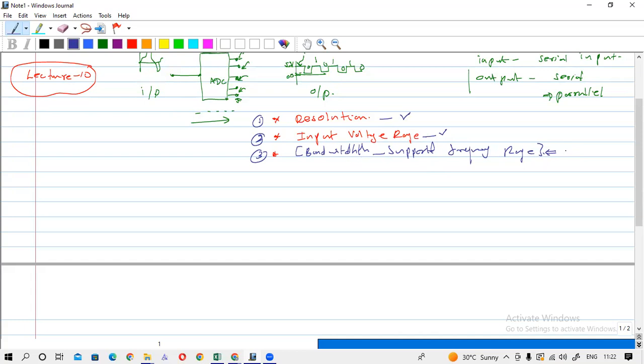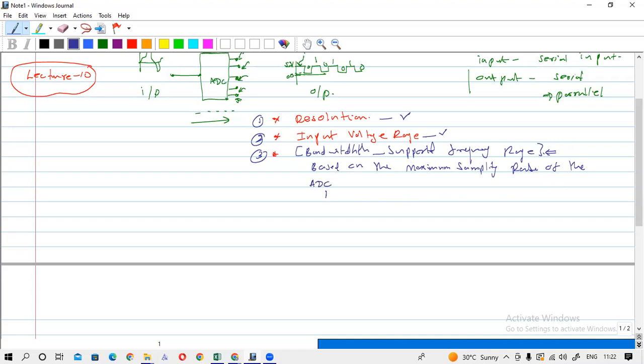I have explained that as I can remember. So this is based on the maximum sampling rate of the ADC.